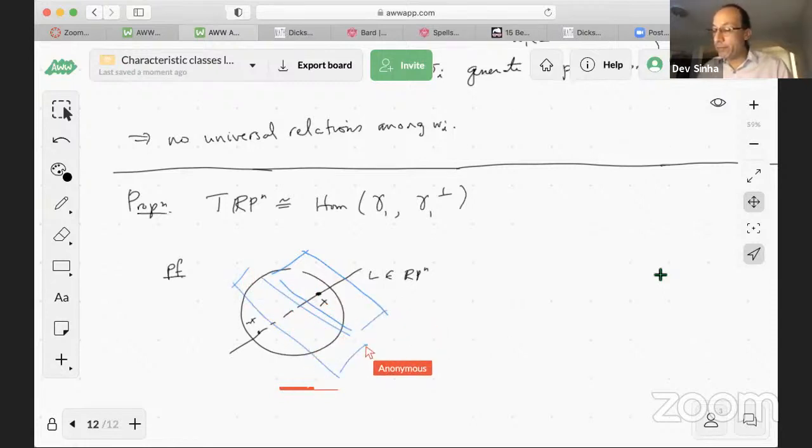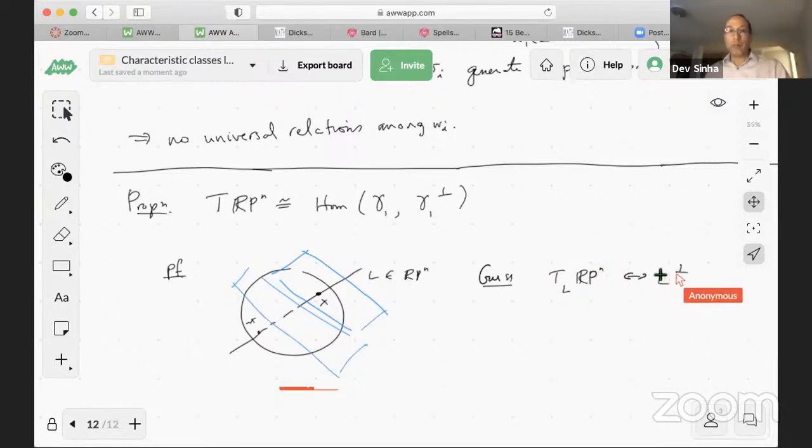So you would guess that, just as for the sphere, the tangent space at L of RPn should be identified with L perp.